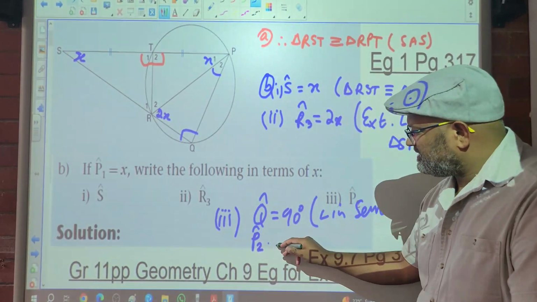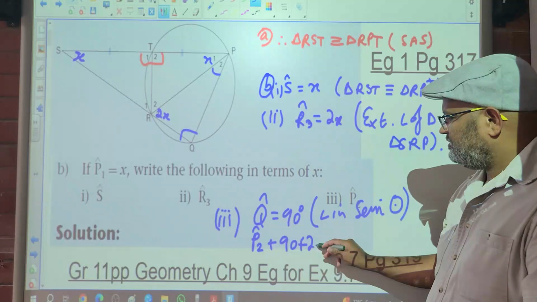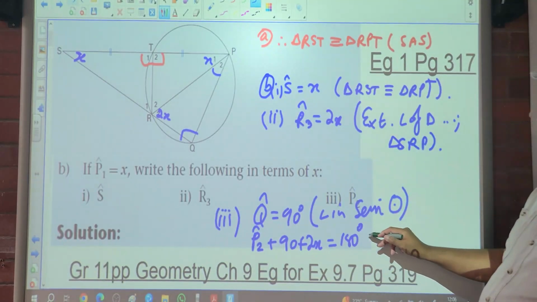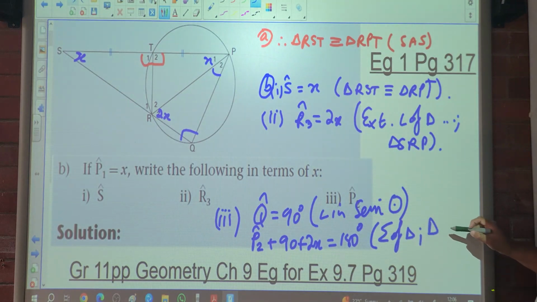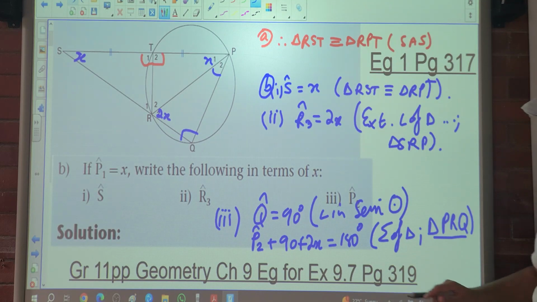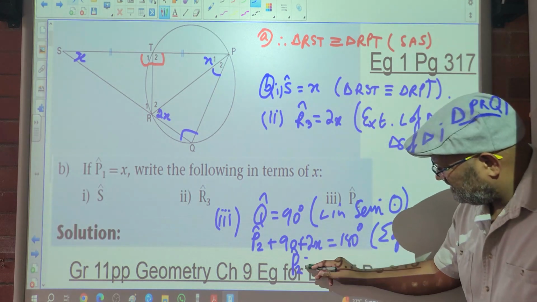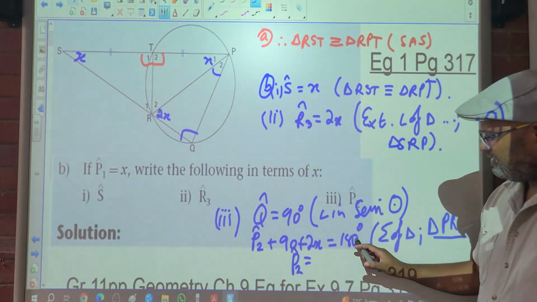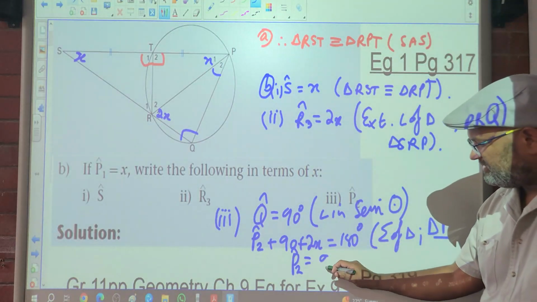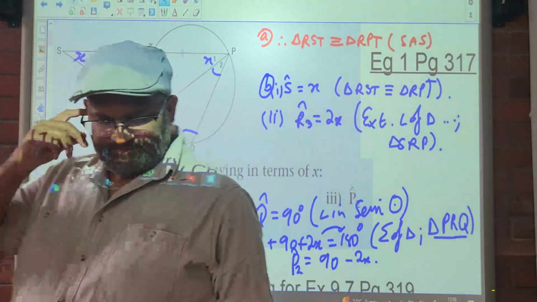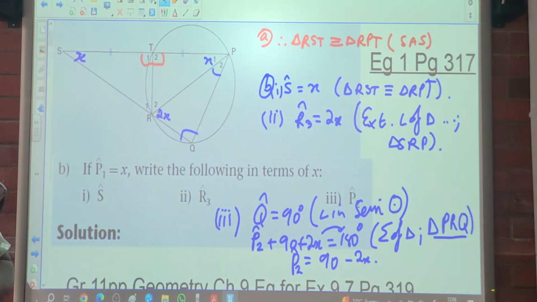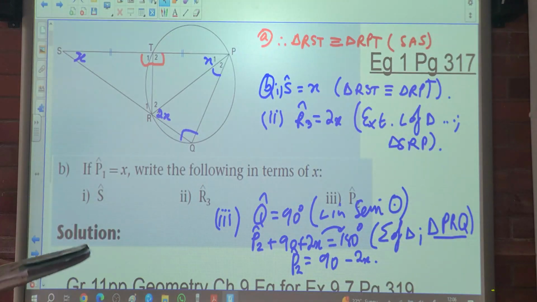Angle P2 plus 90 plus 2x is equal to 180. Why? Sum of angles in a triangle. And this triangle PRQ. Do I have to stay in the spot? No. So P2 is equal to 180 minus 90 is 90 minus, yes, angles in cyclic quad.